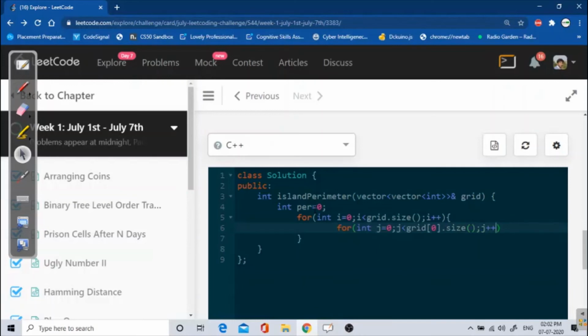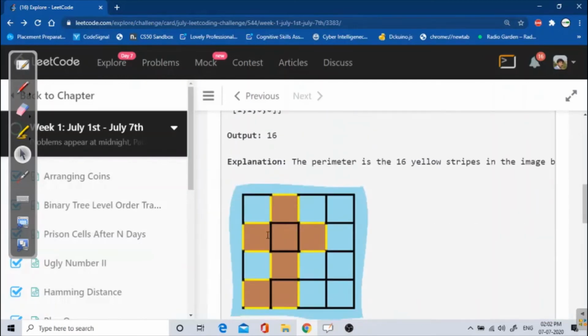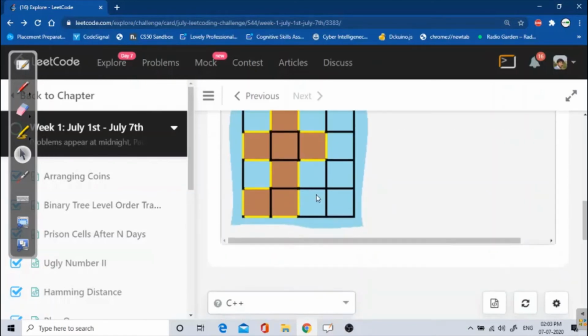and j plus plus. So what I will do, I will check first if grid of i j is equal to 1. So whenever I will be traversing in these directions, whenever I find 1, I will see in up direction and left direction.